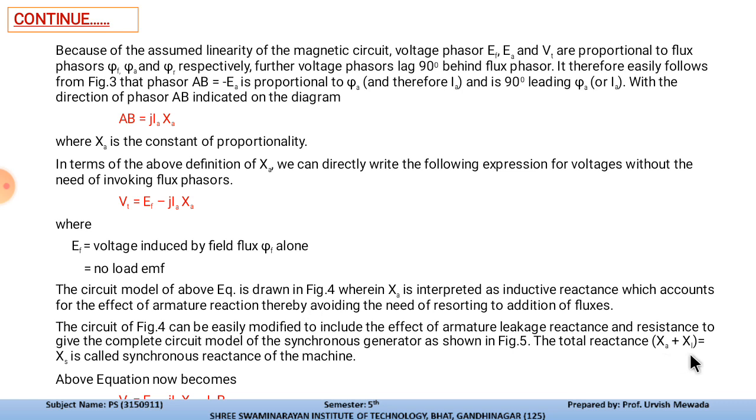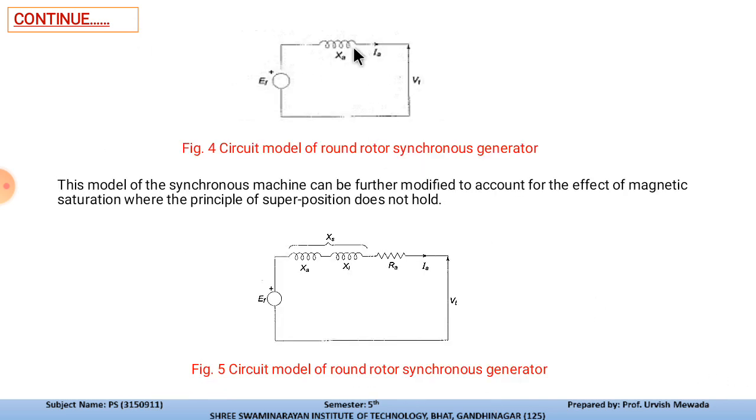Here XA plus XL is equal to XS, because the total reactance of the circuit is the armature reactance and the stator reactance. That total reactance is called the synchronous reactance. So XS is the reactance of both the stator as well as the rotor circuit. From that we can draw the circuit model of a round rotor synchronous generator.